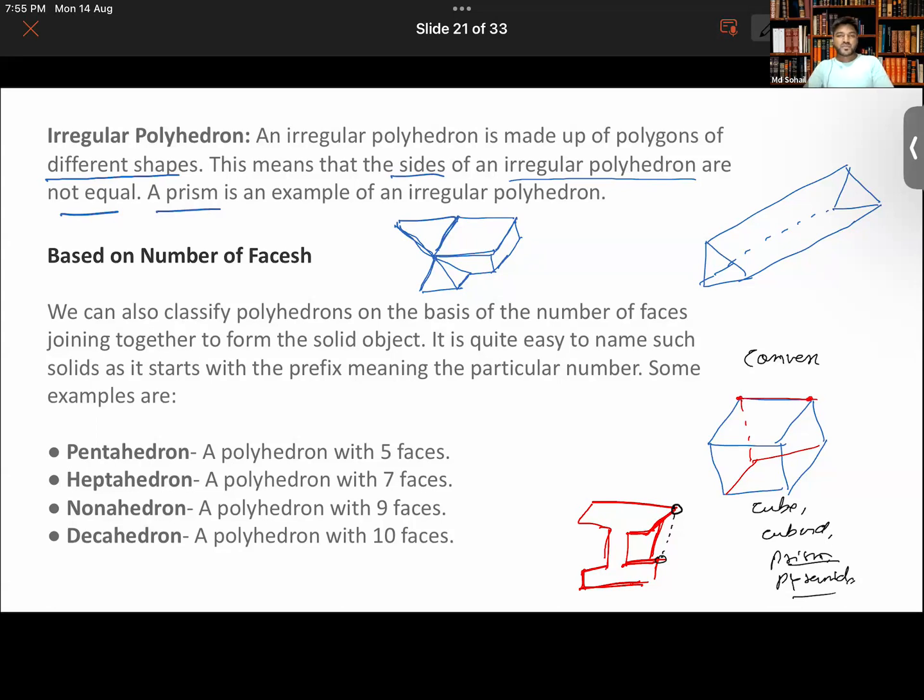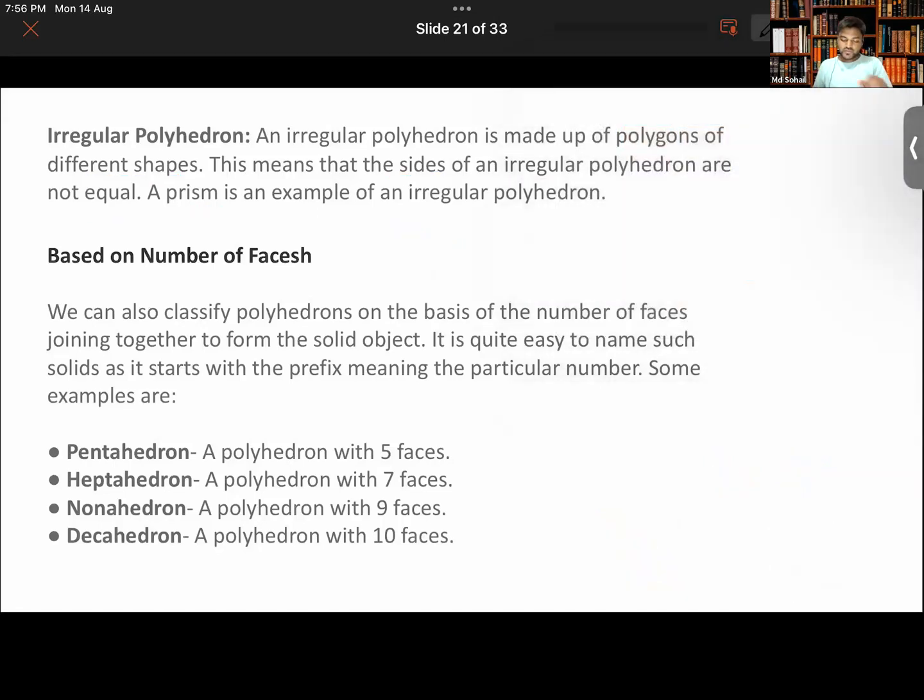For example, one usual observation in the case of a pyramid is that you will see the base, and in the case of the prism, you will see the lateral surfaces varying. When we come to that topic, we will have a better picture of that.